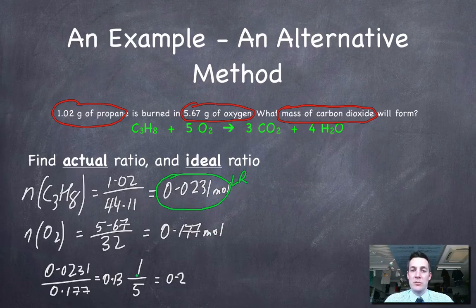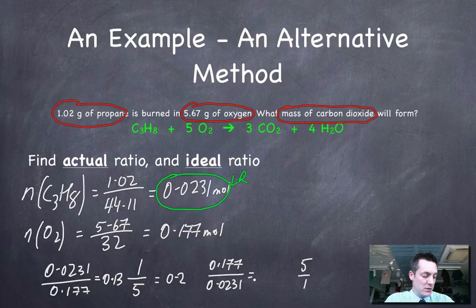Just to prove that you could do this the other way around and why it's a kind of foolproof method, if I decided that I was going to put them the other way up to find the ratio, 0.177 divided by 0.0231, compare that to the ideal ratio, which would be 5/1 this time, because this time I put the oxygen on top and the propane on the bottom. This number here is equal to 7.66.